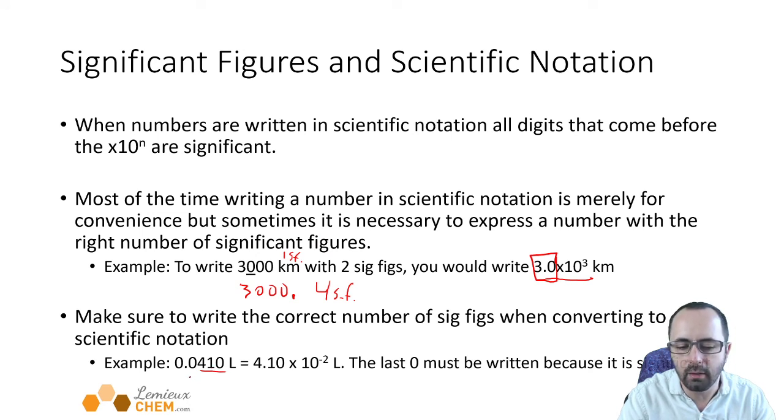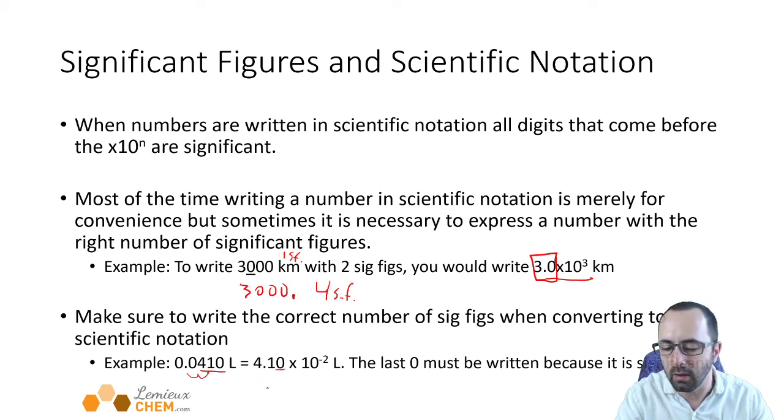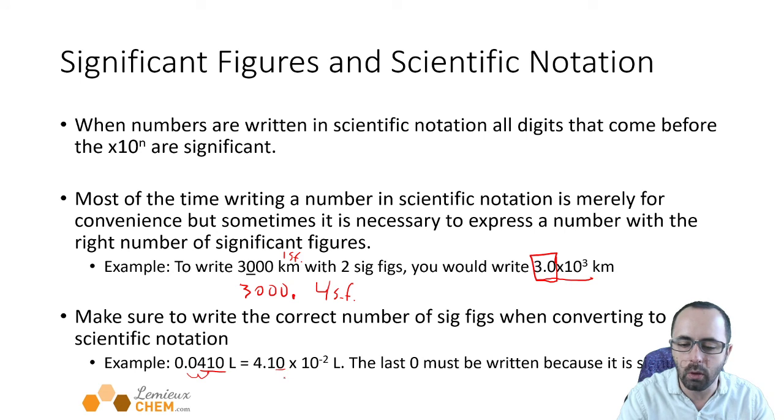So if we're writing scientific notation, this is a number that's smaller than 1, so it will have a negative exponent, and that exponent will be 1, 2, the number of spaces it takes to put it just to the right of 4. Then we make sure that we write the 0, because the 0 is significant. If the 0 weren't significant, we wouldn't write it. But this 0 is significant, so we do write it.